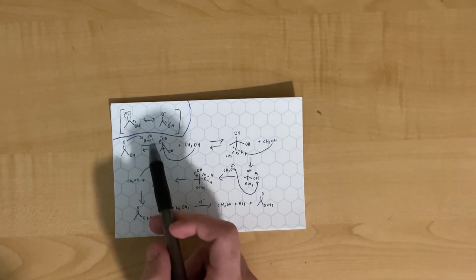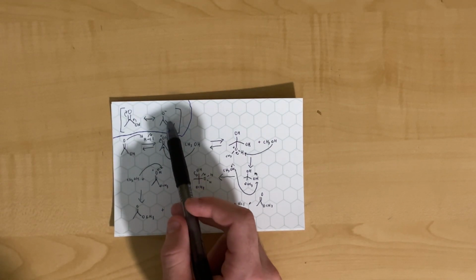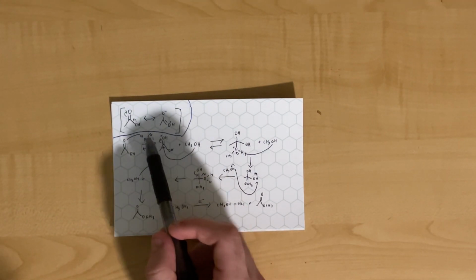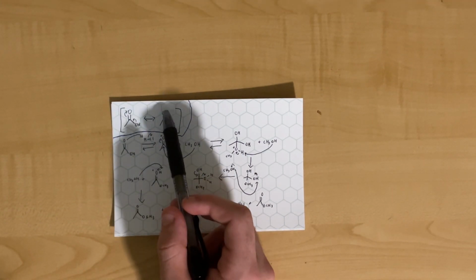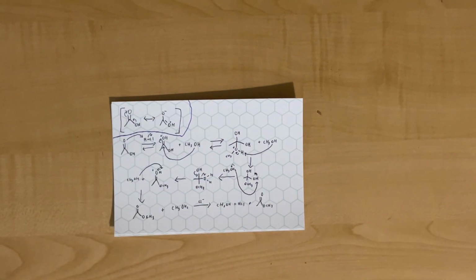The reason the proton wants to go specifically to this oxygen as opposed to this one is that in this other resonance structure, the hydrogen is slightly positively charged and this oxygen is negatively charged. Different charges attract, so the negative is attracted by the positive, whereas two positives repel.